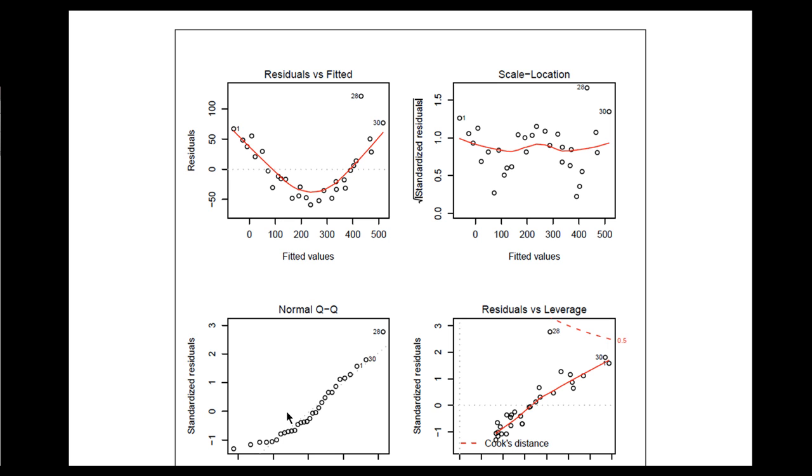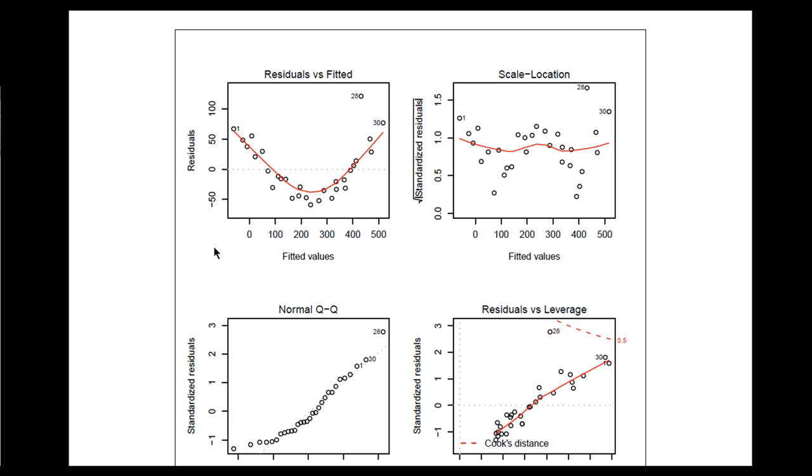Okay, there are other problems with these not so good diagnostics. The QQ plot here has more points off of the line than before, and then the scale location and the residuals versus leverage plots show scattered points away from the center, which suggests that some points have excessive leverage.